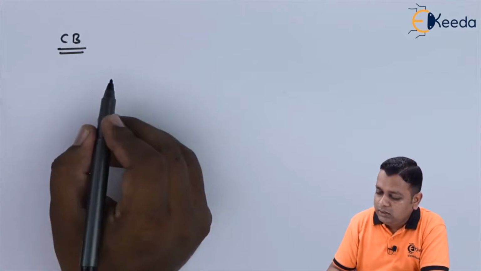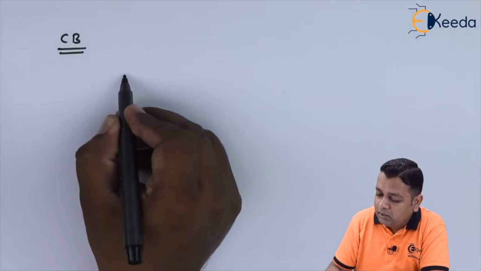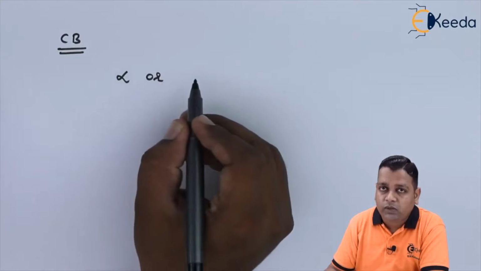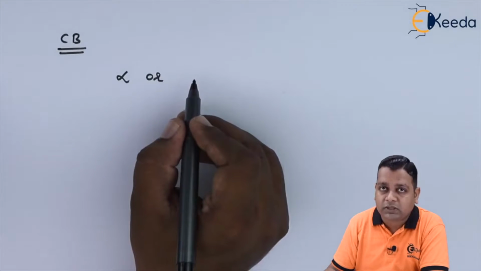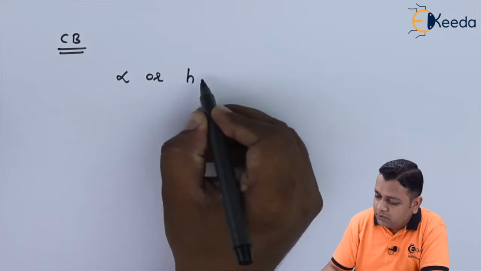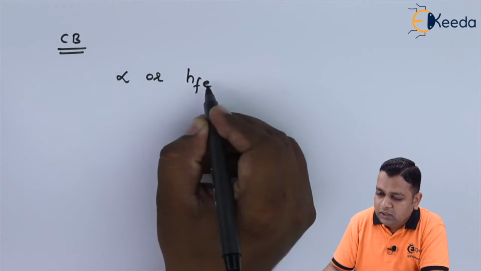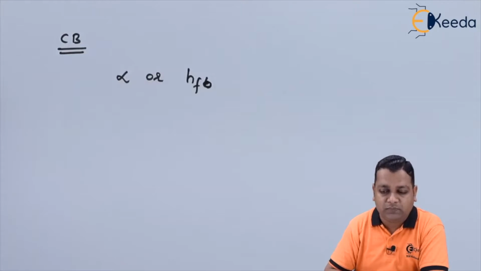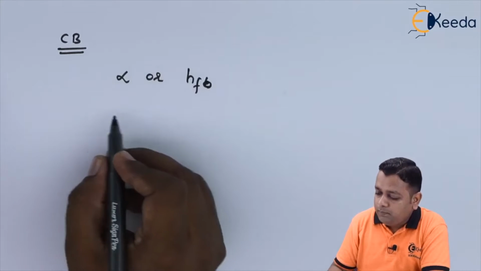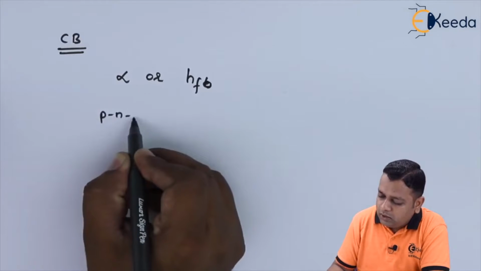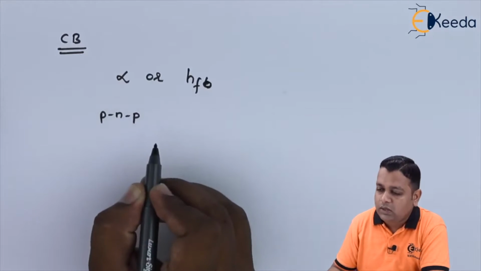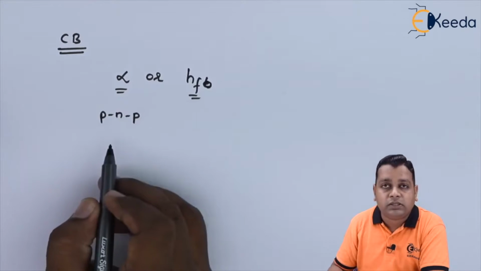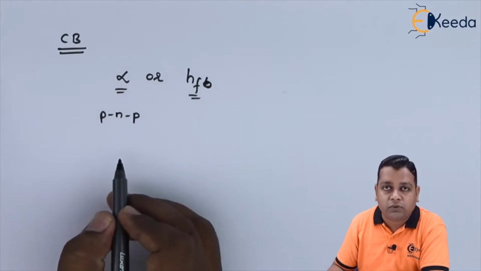Now considering the common base configuration, I just abbreviate it as CB mode, we shall be taking the gain. Here the gain can be simply represented by the symbol alpha, or in the previous video in the equivalent model we have represented it by the H representation. So H suffix FB we have taken for the common base configuration here. Now for the PNP type of microwave bipolar transistor, when we are defining such a gain parameter, it is given in terms of the output and input currents.